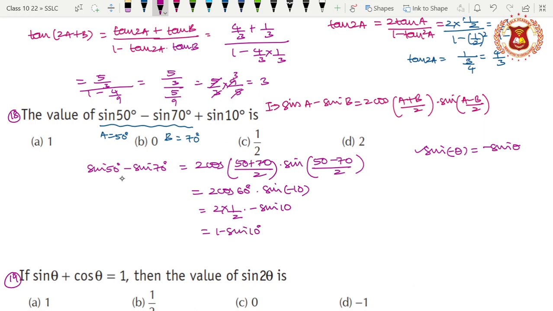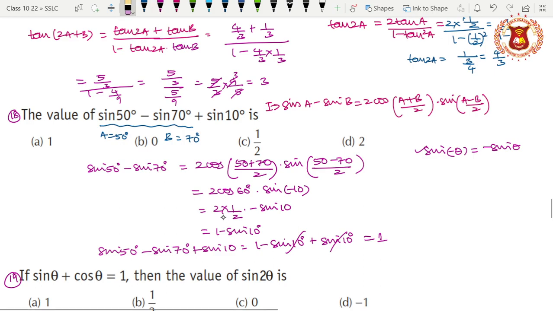Now this is sine 50 minus sine 70. Now we add sine 10 degree: sine 50 degree minus sine 70 degree plus sine 10 is equal to, we already know sine 50 minus sine 70, minus sine 10 degree, plus sine 10 degree, right? These two terms cancel here.